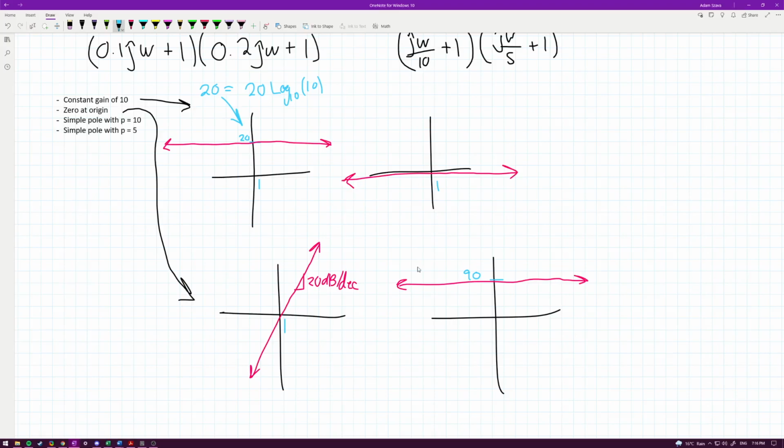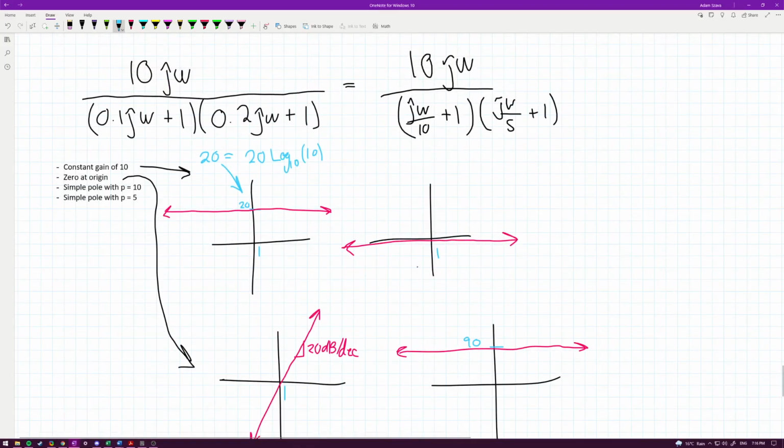Yeah, that's for the constant gain. Remember, this axis is always 20 log 10 of the magnitude of the transfer function. If we take each bit individually, then I'm doing 20 log 10 of just 10, and so that's 20 for this example. So that axis is always the 20 log 10 axis.